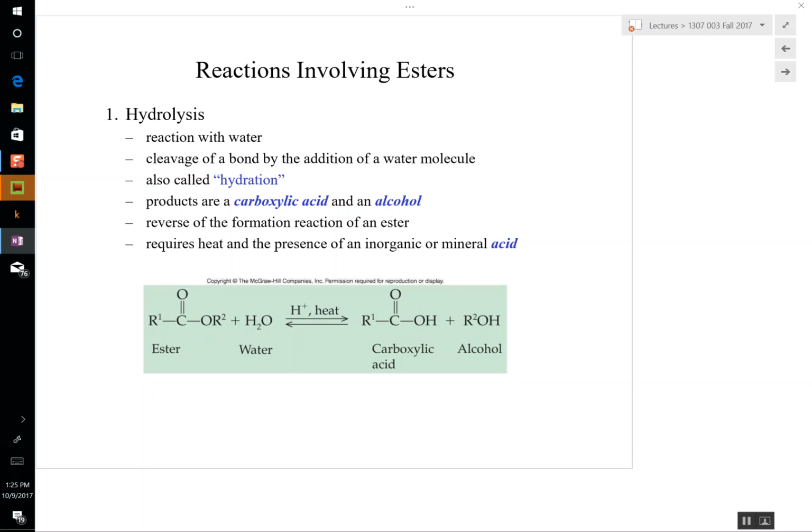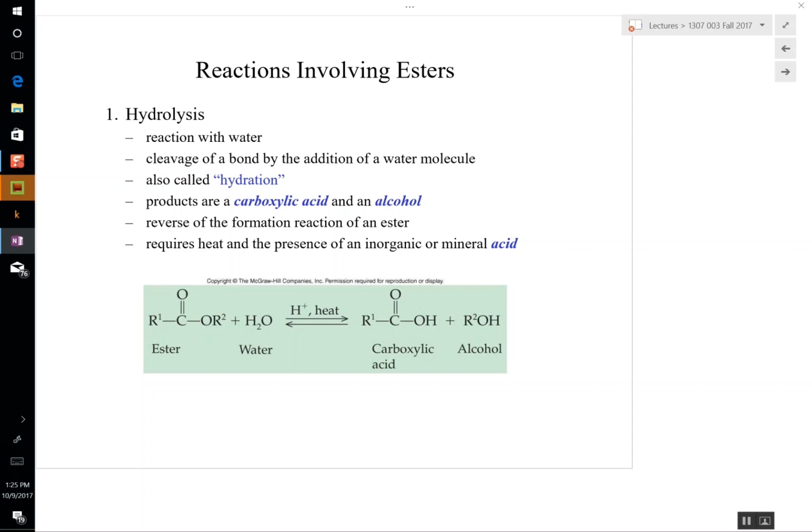Essentially this is esterification in reverse. We're taking an ester, plus water, forms a carboxylic acid and an alcohol. We said that esterification is a carboxylic acid plus an alcohol forms an ester plus water. So you can see that is the reverse of that reaction.